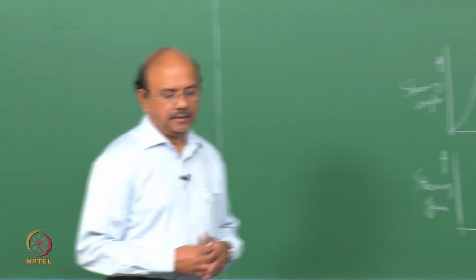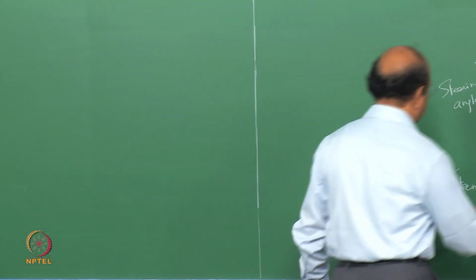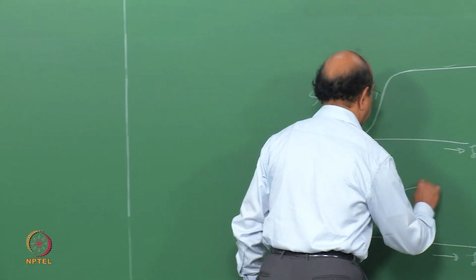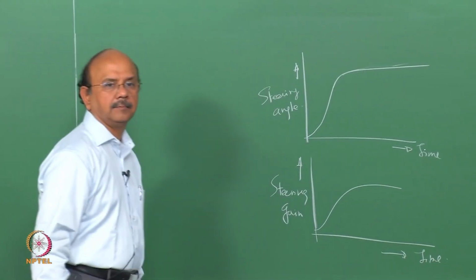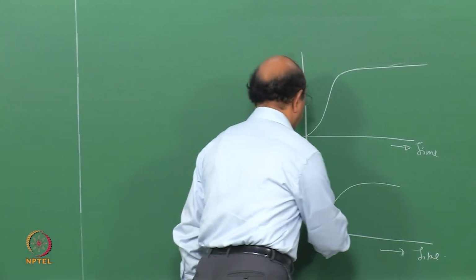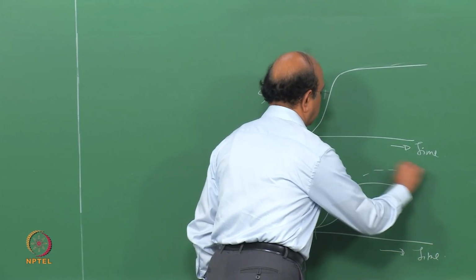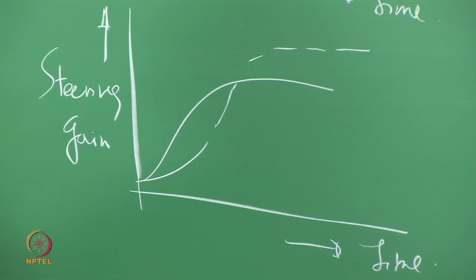There can be two graphs. Let's say that one graph is like this, the other graph is like this. Please note that when the steering gain is low, you have to give more steering, right?